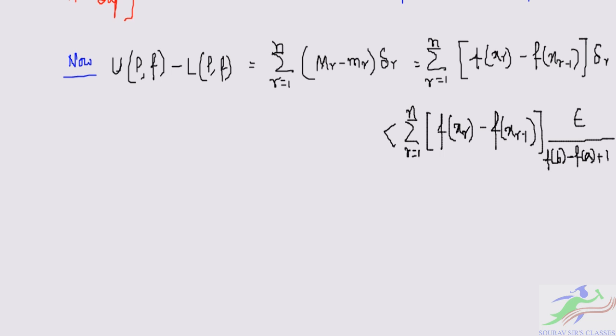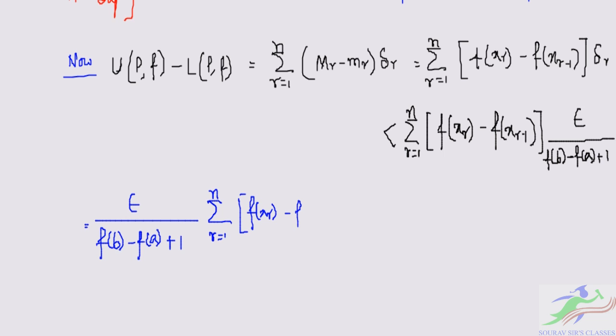So now what can we do with this? We take out the constant, eta by f b minus f a plus 1, and the summation from r equal to 1 to n of f of x r minus f of x r minus 1.